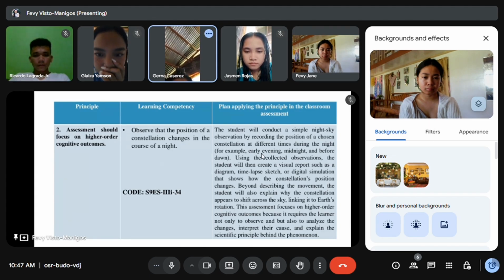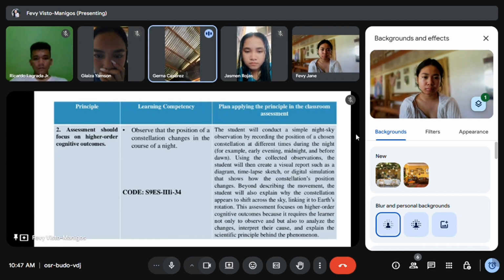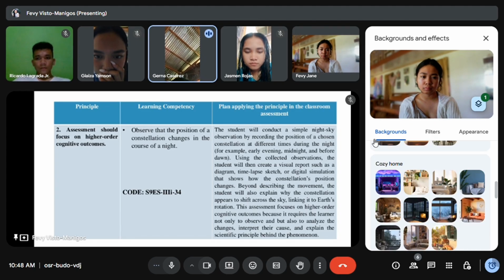Using the collected observations, the student will then create a visual report such as a diagram, time-lapse sketch, or digital simulation that shows how the constellation position changes. Beyond describing the movement, the student will also explain why the constellation appears to shift across the sky, linking it to Earth's rotation.